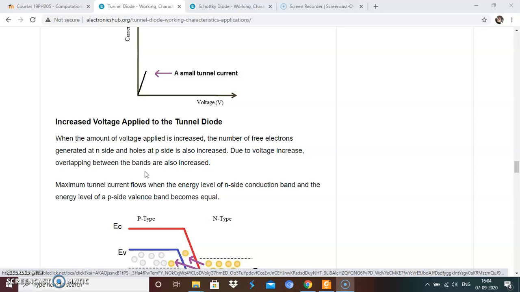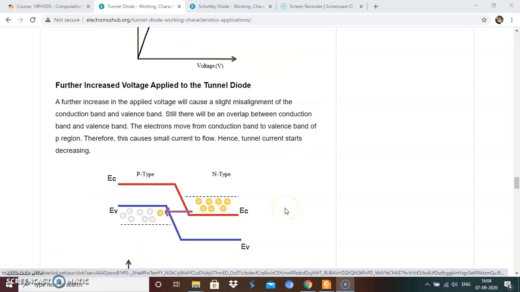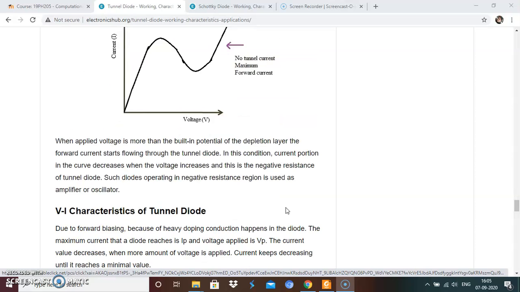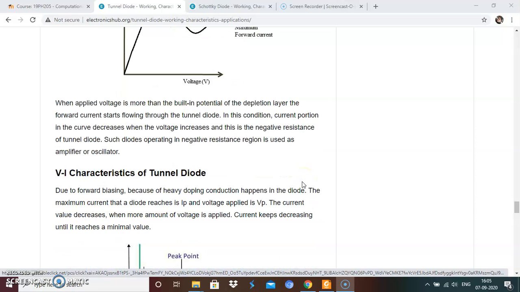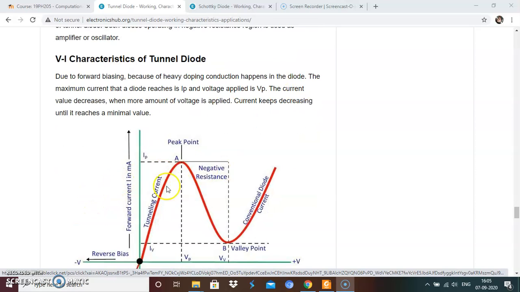Maximum tunnel current flows when the energy level of the n-side conduction band and the energy level of the p-side valence band become equal. This tunnel diode works in both forward biased and reverse biased conditions. So this is the VI characteristics of the tunnel diode.